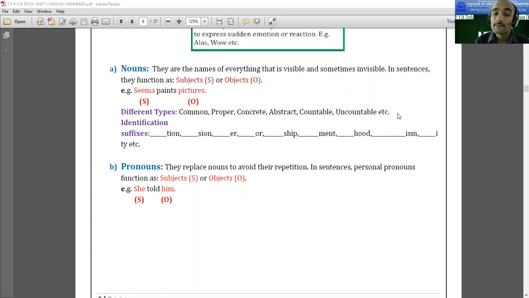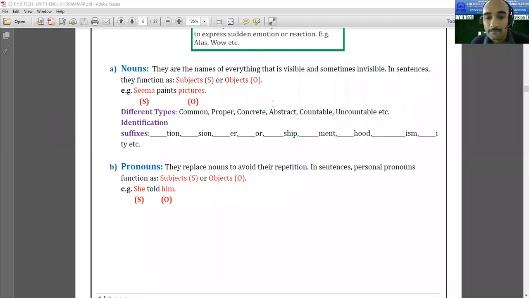The nouns or words ending with the suffixes like tion, sion, er, or, ship, ment, hood, ism, or ity, etc. are called nouns. Tell me the examples of these suffixes.